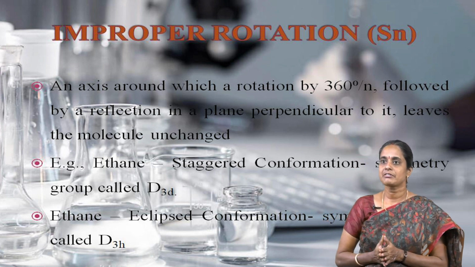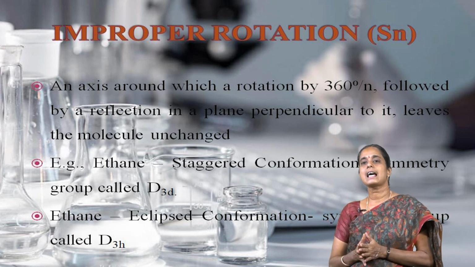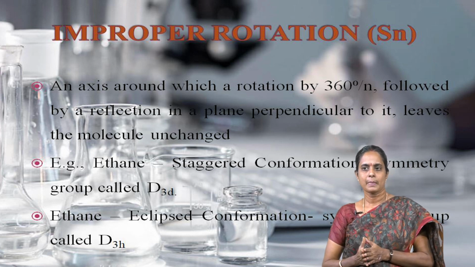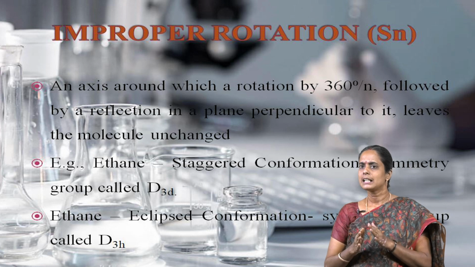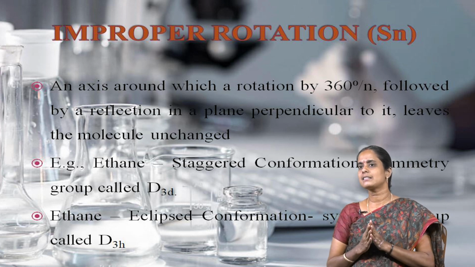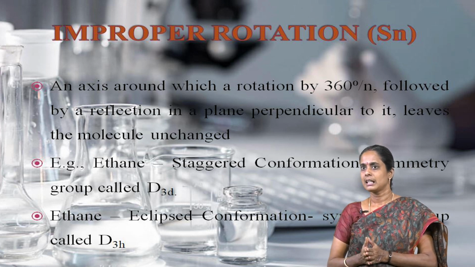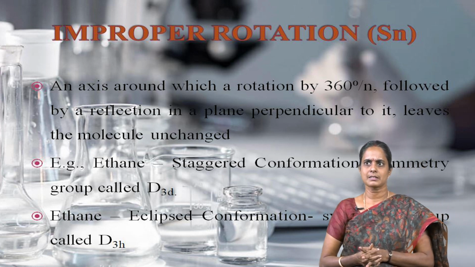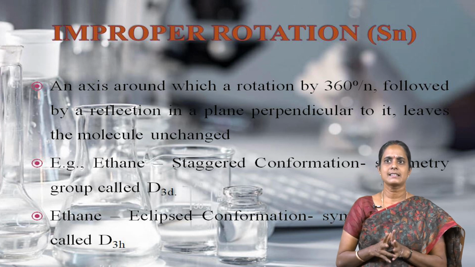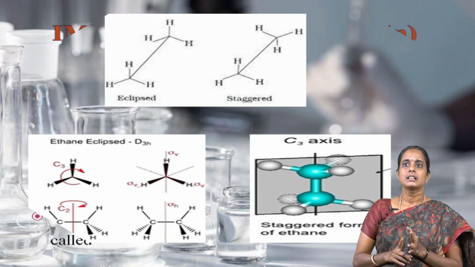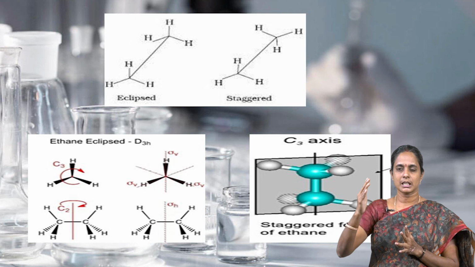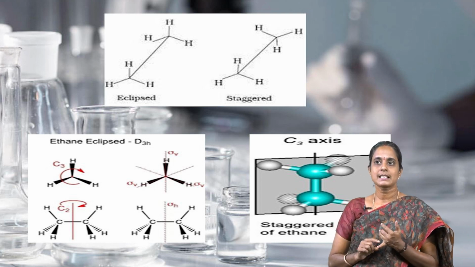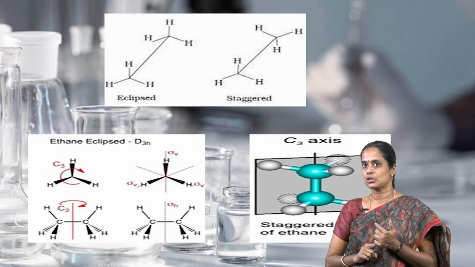In the staggered conformation, one C3 axis is there. This molecule possesses the following symmetry elements: 3 sigma d, i, 3 perpendicular C2 axes and S6. There is no sigma h.